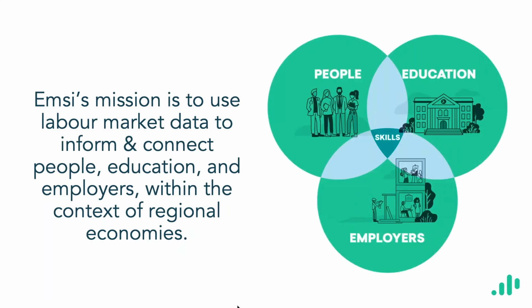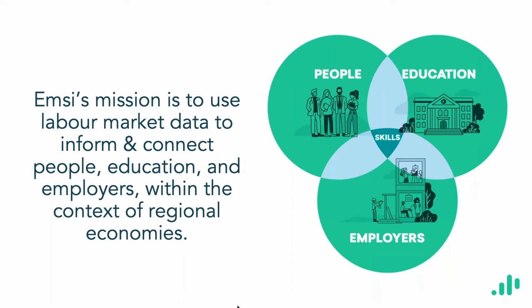So I've shared this on most sessions, and I think it's a really good example of not just explaining MZ's mission, but I like the diagram to explain why you use labour market information at all. Thinking about this in the context of careers insight, the importance of jobs and skills and the data being at the heart of that diagram is quite clear.